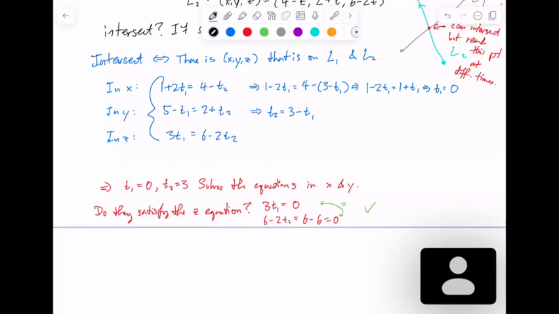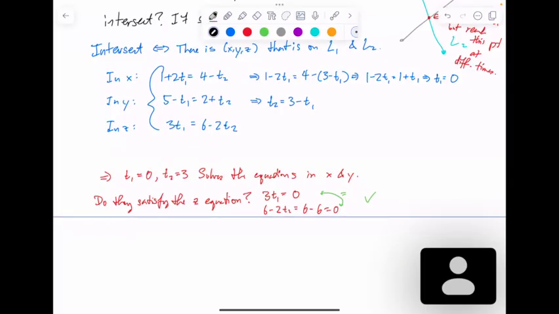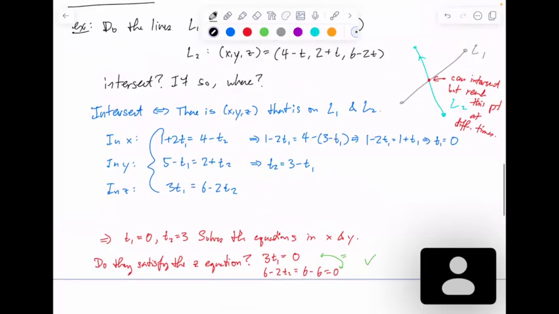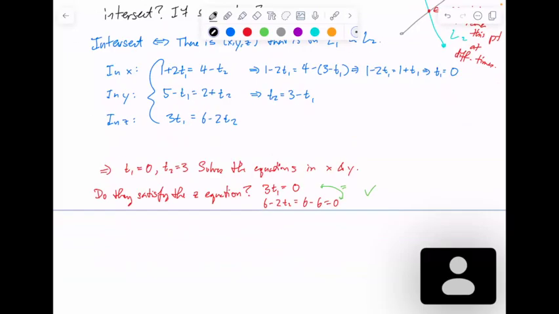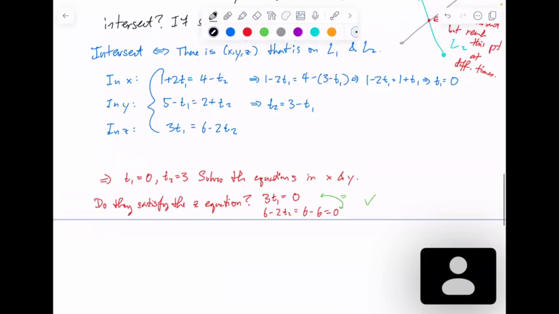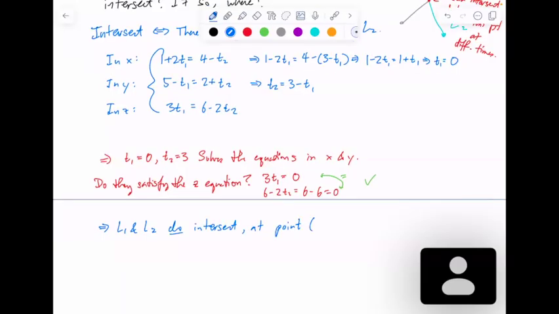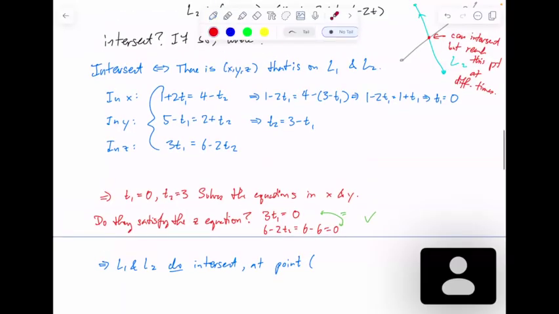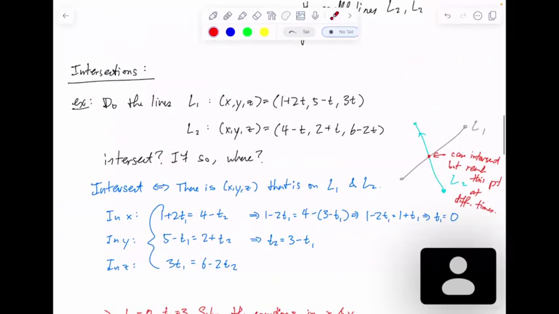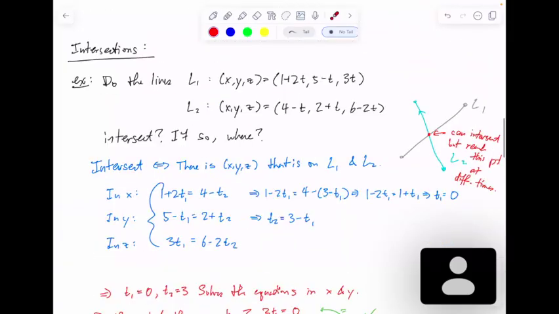In this case, they do collide, or no, sorry, I shouldn't say collide, they intersect. Precisely, you don't know if they collide or not, but they do intersect at t1 equal to 0. So you could plug in either t1 equals 0 or t2 equals 3 to any of these equations respectively. At t1 equal to 0, let's look at L1. So this is at 1, 5, and 0.